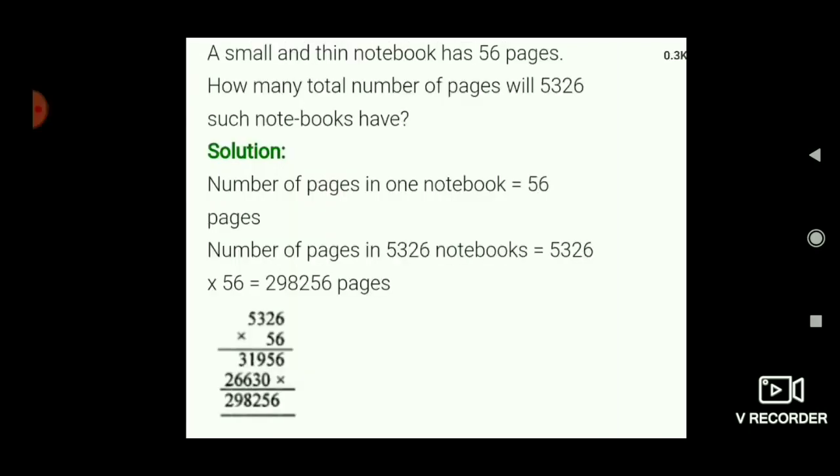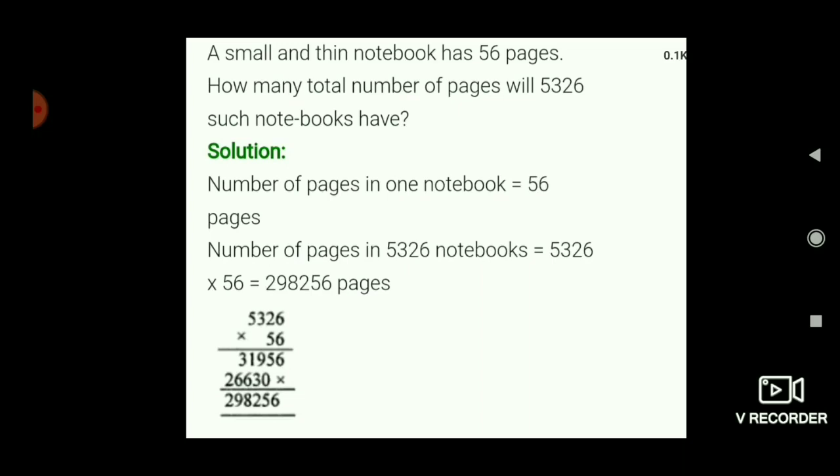This is our next question, in which a small and thin notebook has 56 pages. How many total number of pages will 5,326 such notebooks have? Now in solution, number of pages in one notebook is equals to 56 pages.